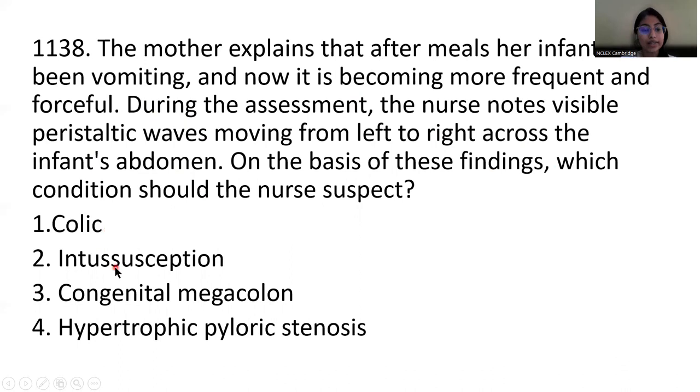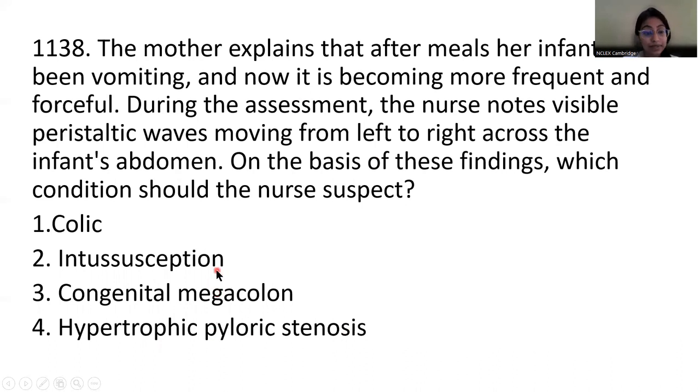Colic, intussusception, congenital megacolon, hypertrophic pyloric stenosis. So the features given in this question are vomiting and peristaltic wave from left to right. Peristaltic wave from left to right is a feature of hypertrophic pyloric stenosis.